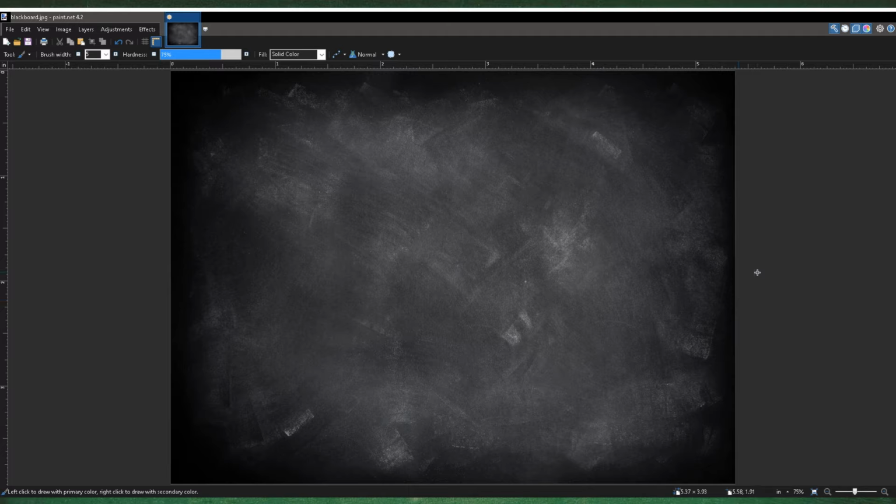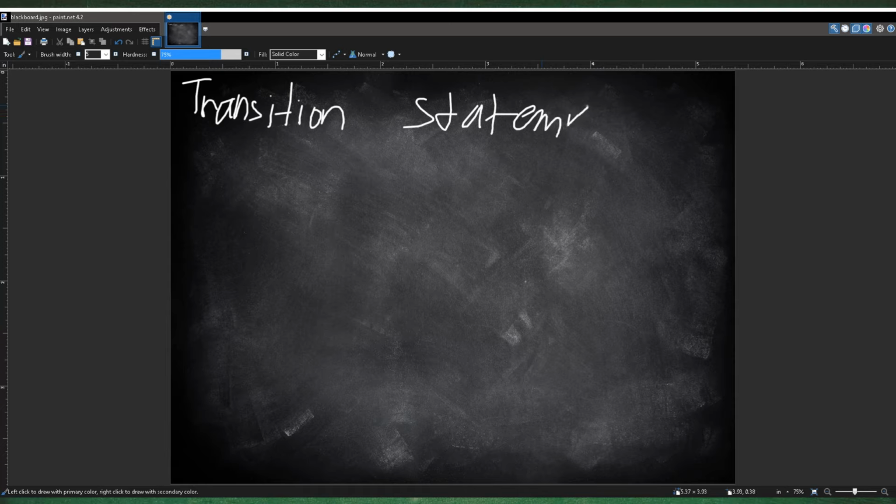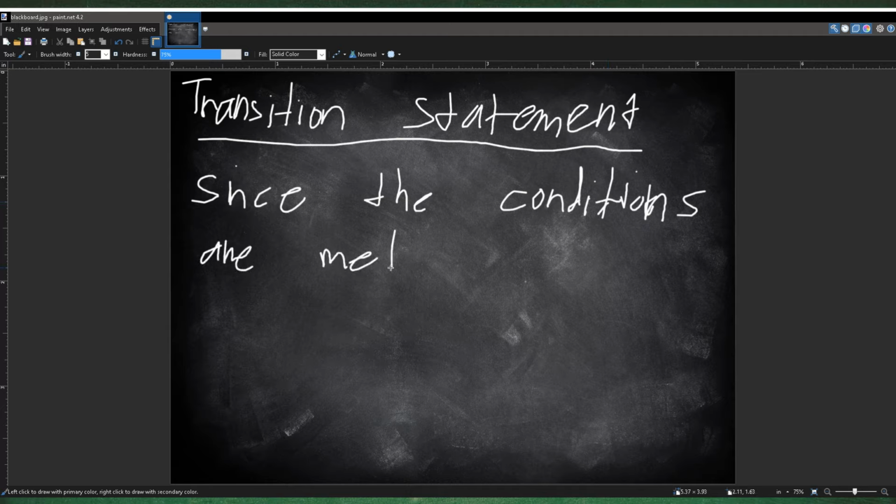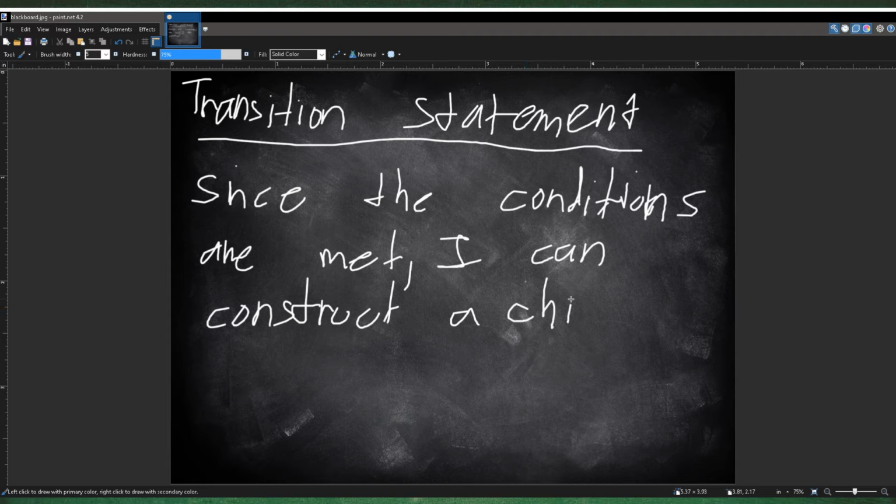And then basically after this, you do a transition statement as always. So you tell them which test you're doing. So you say it's basically the same thing as every single other test: since the conditions are met, I can construct a chi-square test of independence.